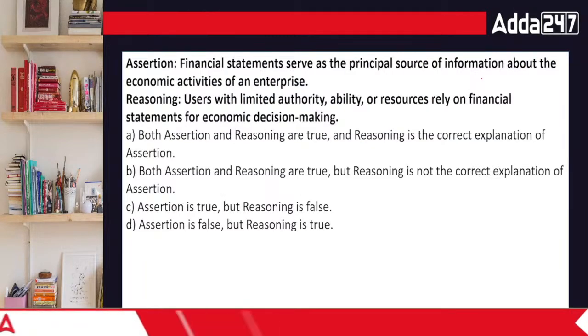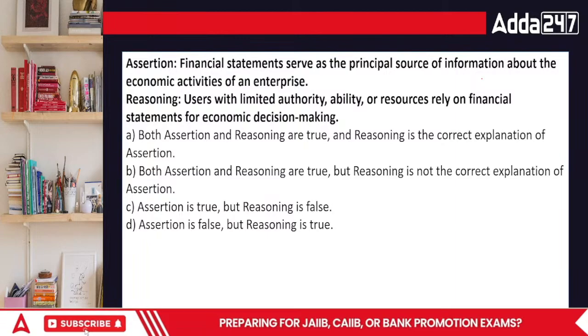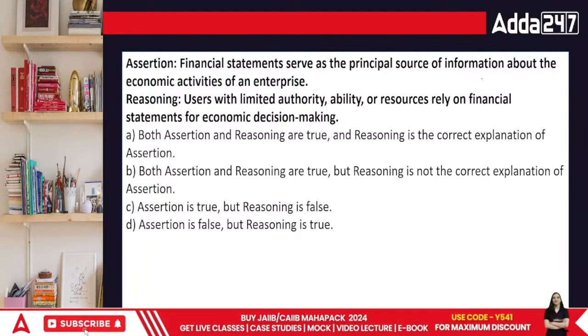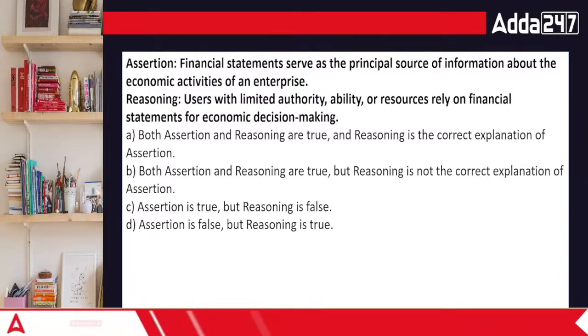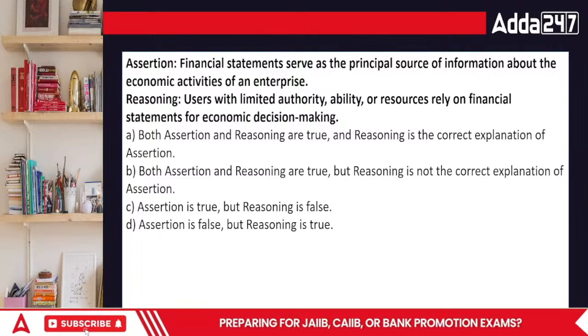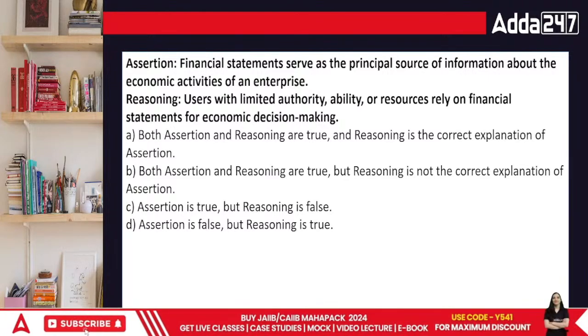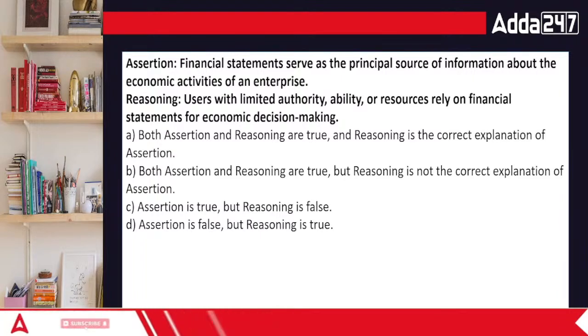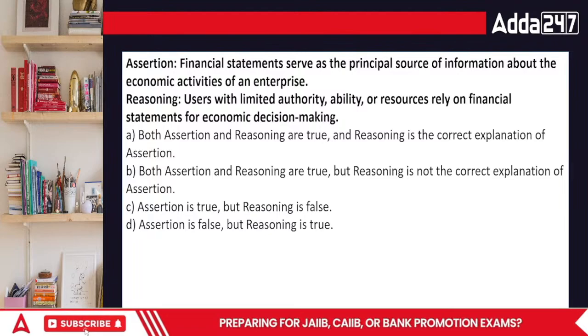Here comes the next question, everyone. This question talks about the area of financial statements. Assertion: financial statements serve as the principal source of information about the economic activities of the enterprise.